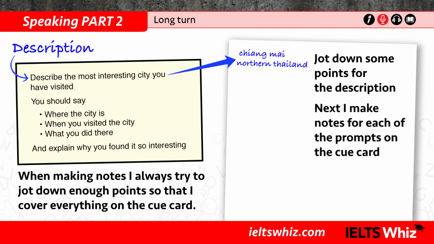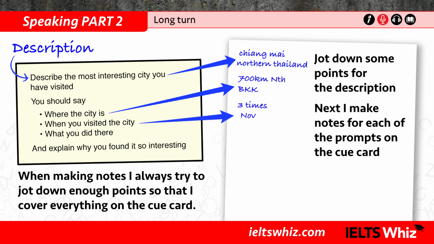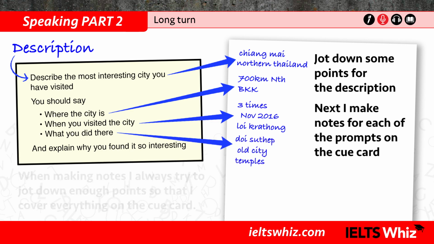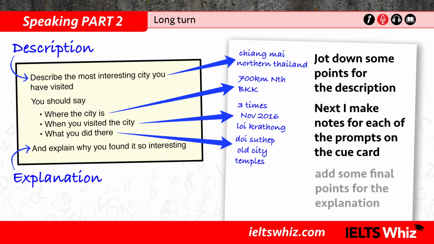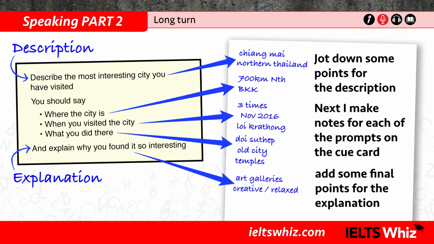Next, I make notes for each of the prompts on the cue card. And at the bottom of the card, you'll be asked to explain something. So I add some final points for the explanation and think about how I will summarize my talk in the final sentence.